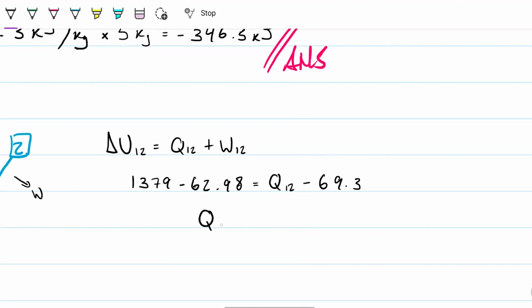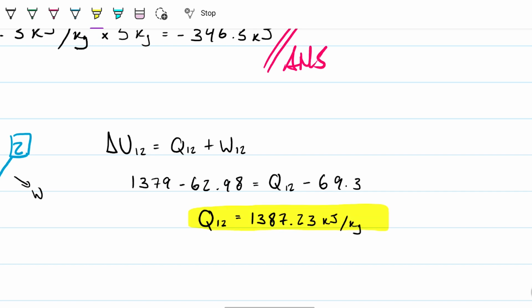So therefore, Q1 to 2 needs to be the sum of all of this, sum of heat and work and internal energy, and that gives me 1387.23 kilojoules per kilograms.